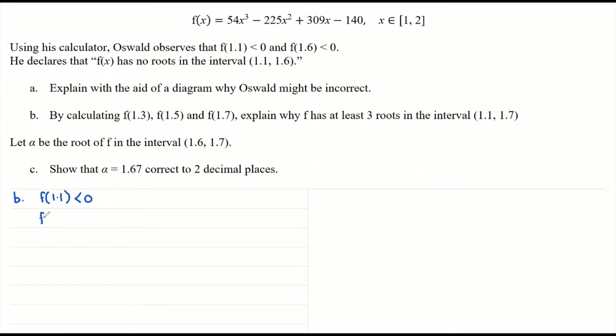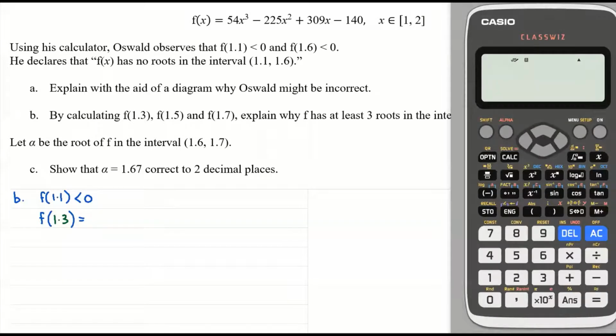So we need to calculate the next number. So that'll be f of 1.3. So we're going to sub in 1.3 into our function. So we're going to get our calculators out for this. I'm going to find out what we get. So on our calculator, we'll put the function in once, and then we can just edit the numbers for the inputs.